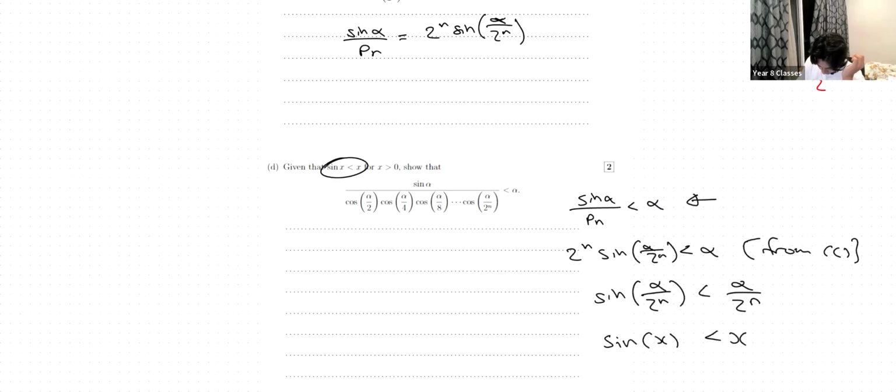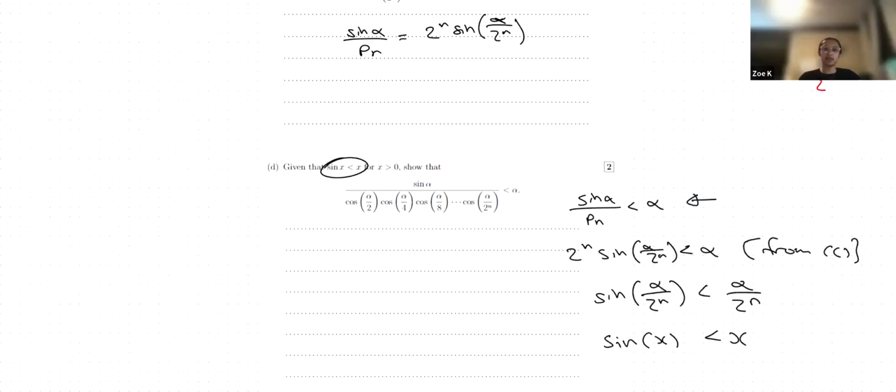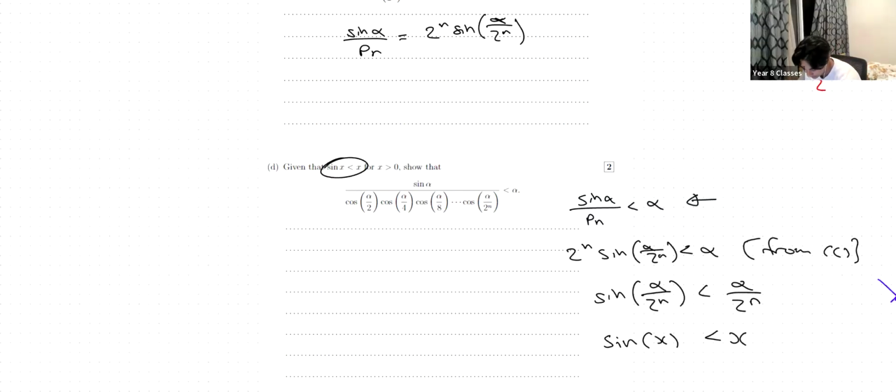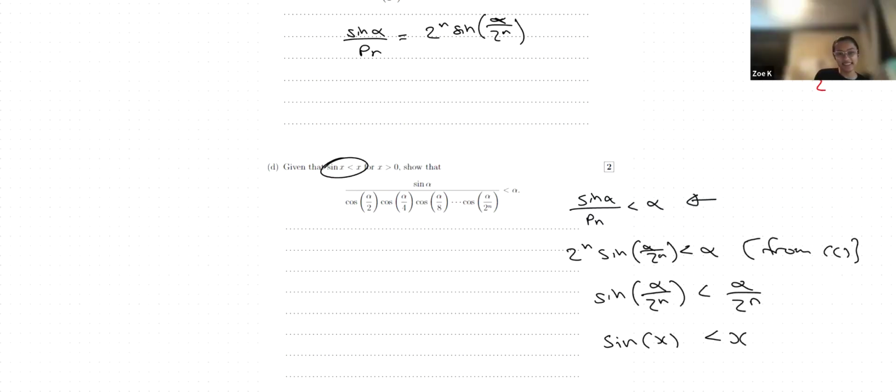So, to explain what I did. It makes sense, but then when you're proving it, do you have to go the other way? Yeah, you just have to write it the other way. This is backwards reasoning, and they don't accept backwards reasoning. So basically you just write it this way as you're solving it, ideally on a separate piece of paper. And then in your actual exam booklet, just write it the other way, starting from sine x less than x.